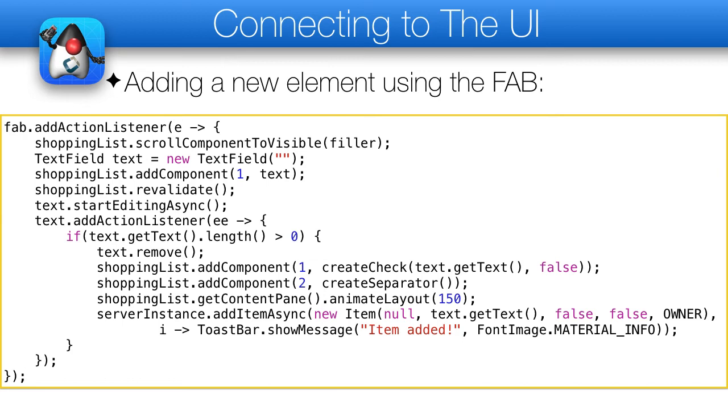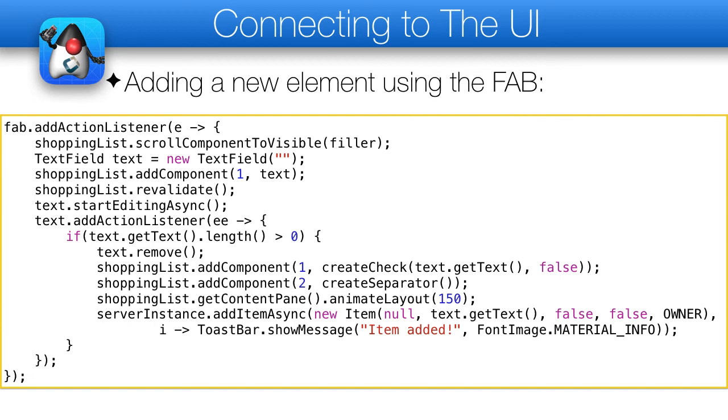And the first thing is I want to scroll to the top because I want to be at the top of the UI for doing that, and I want to stick a text field right there and start editing it, which is exactly what I do. I literally open the virtual keyboard and start editing the text field. And once the user completed editing, if he entered text, I remove the text field and I create a new checkbox with a separator and animate it into place. And then I call the async version of the method to add the new item with the owner and with everything related to that.